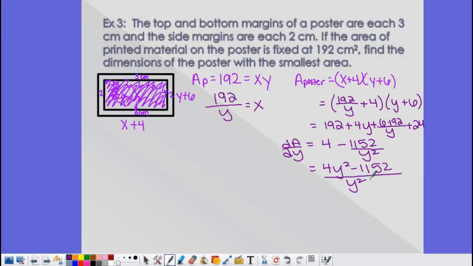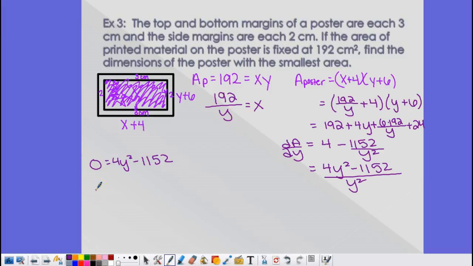So we should do that. Ugh, I did it with x's. Okay. So once again, the denominator we don't care about. We're not going to have a length of y equals 0. That wouldn't make sense. So we kind of toss away the denominator. You set your numerator equal to 0.